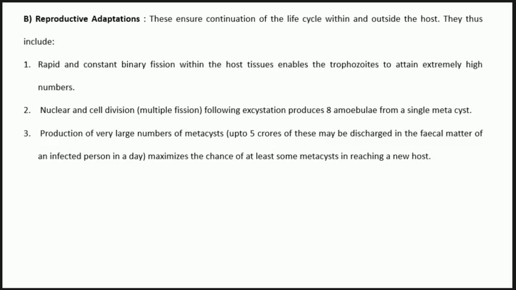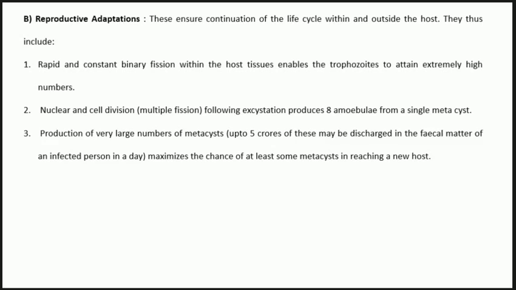Both of these mechanisms ensure that the parasite is not exterminated by the host defensive reaction. Each and every host has its own defensive reaction, but because of all these adaptations, the parasite is not killed by the host.